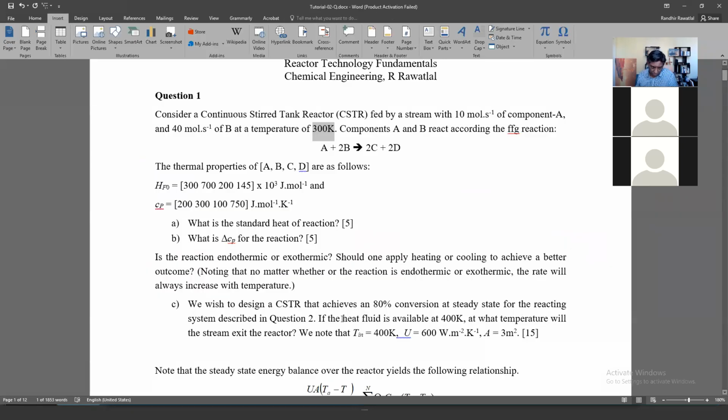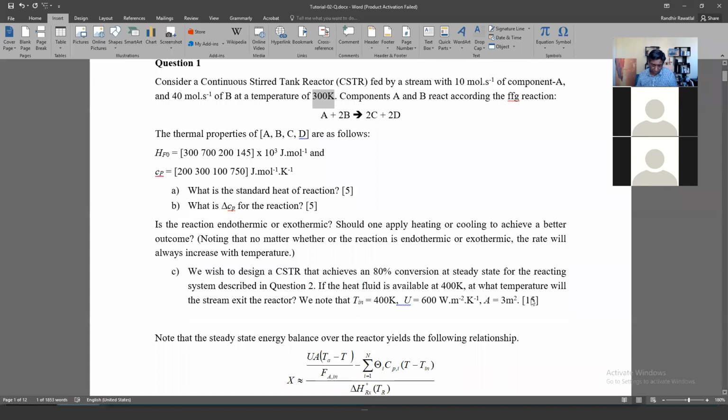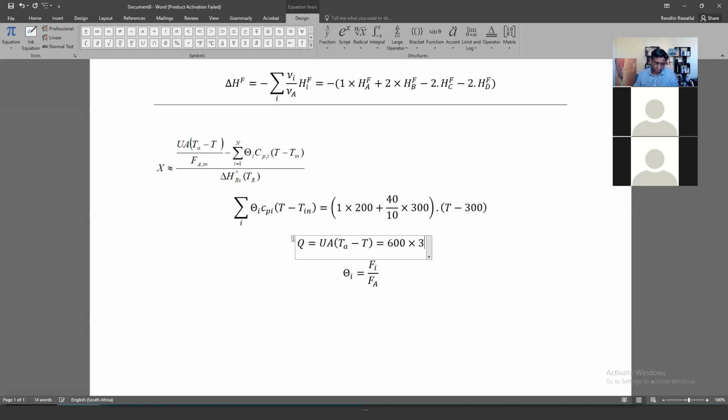And then the area, the heat transfer area, 3 meters squared. 3 and then TA minus T. So TA is 400 minus T, which is your reactor temperature. So this temperature difference is driving the heat transfer.